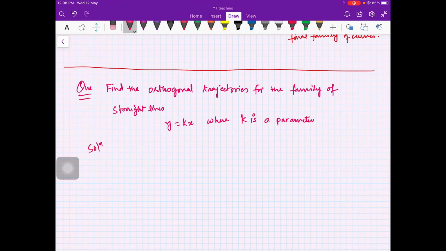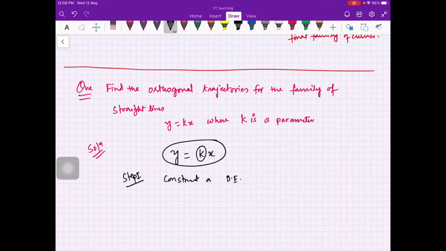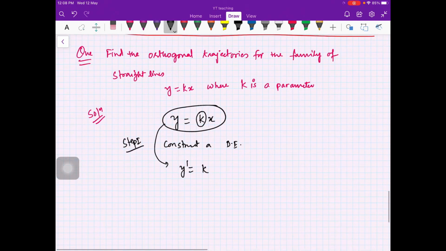Fine. So you see here, my first task, step 1, is to construct a differential equation for this family of curves. So for that you have to eliminate k. I'll differentiate it once, I'll get y dash is equal to k. Now using this equation and this equation, you eliminate k. So you will get y is equal to y dash x.